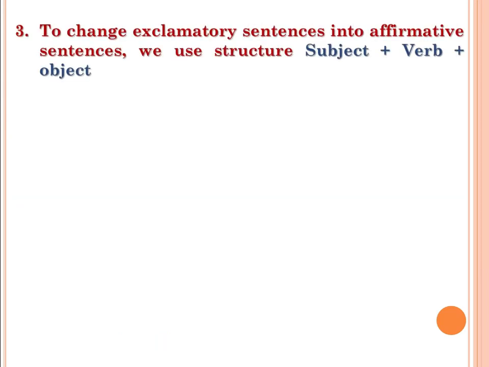Let's see the third type. To change exclamatory sentences into affirmative sentences, we use the structure subject, verb and object. Means the general structure of sentences is used if I want to change exclamatory sentences into affirmative sentences. Let's see the example. What a wonderful scene it is.